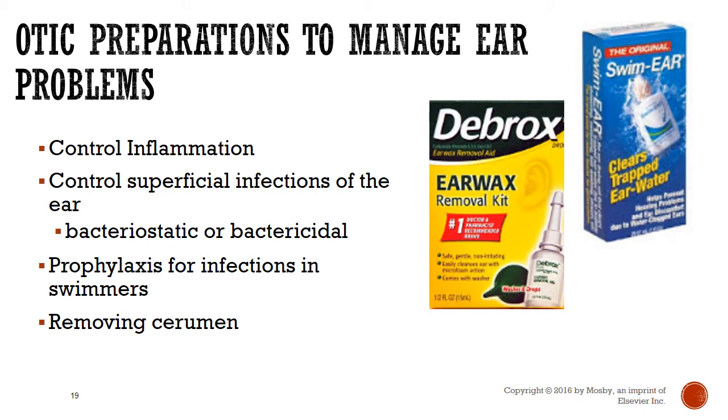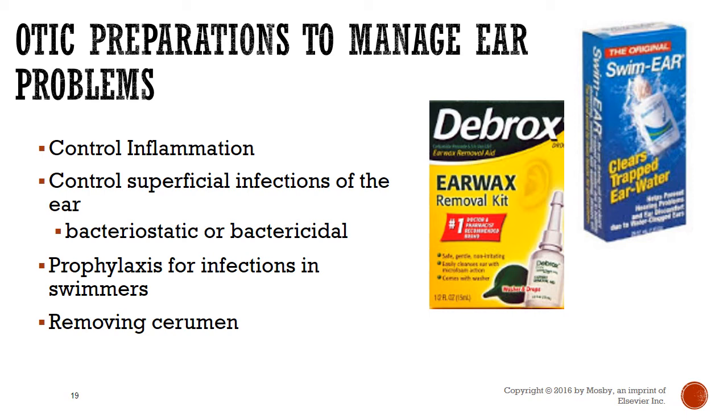The slide says that superficial infections can be bacteriostatic or bactericidal. These are two terms that you will hear later on this semester. They appear on this slide right now. You will not be tested over bacteriostatic versus bactericidal this time, but you will need to remember that this semester.